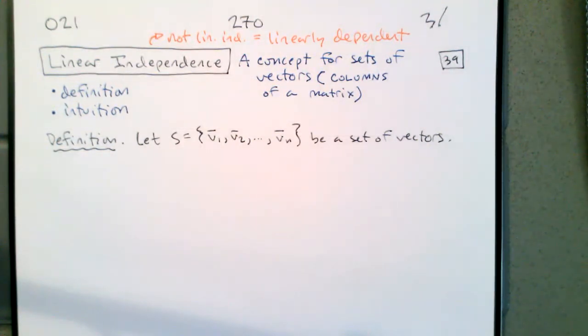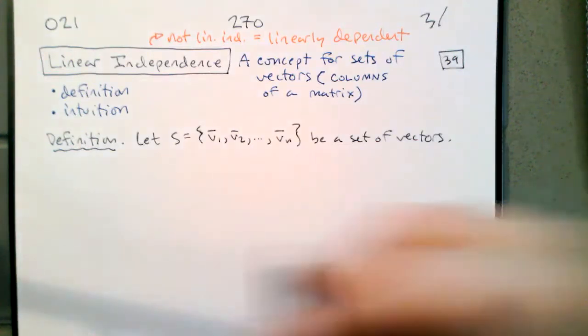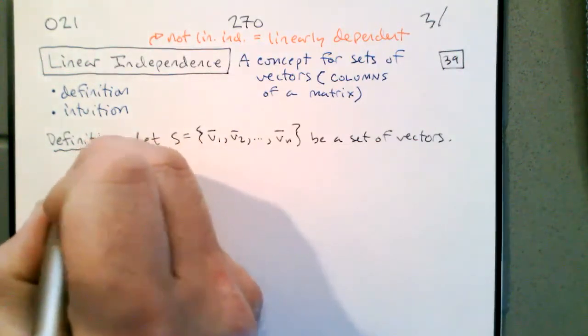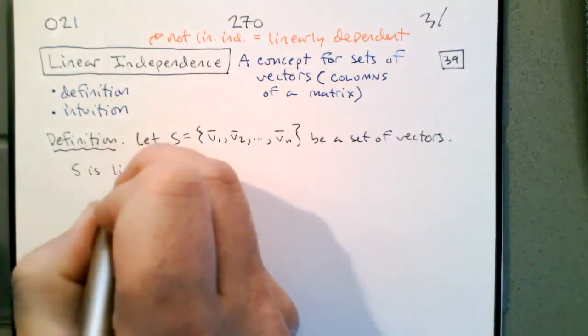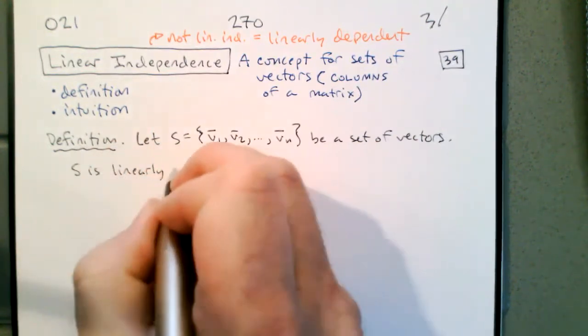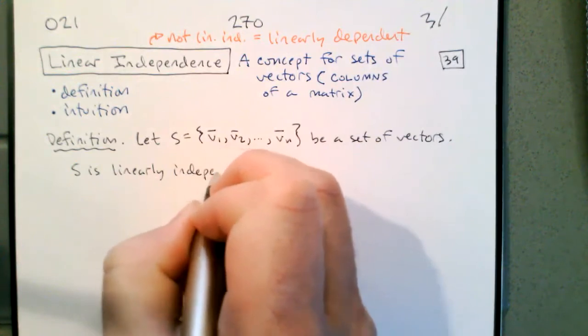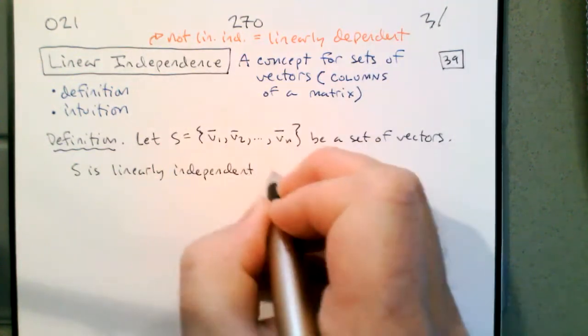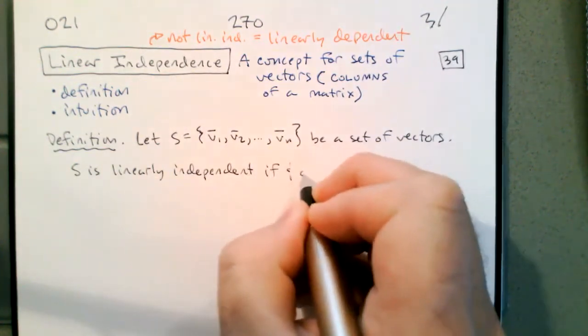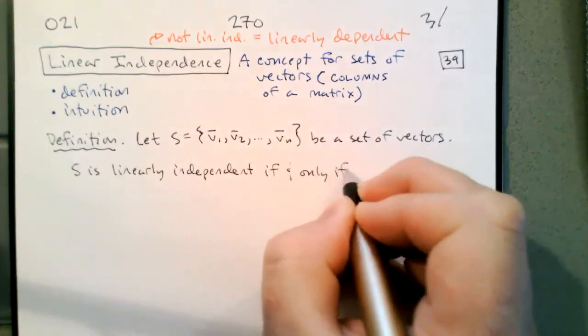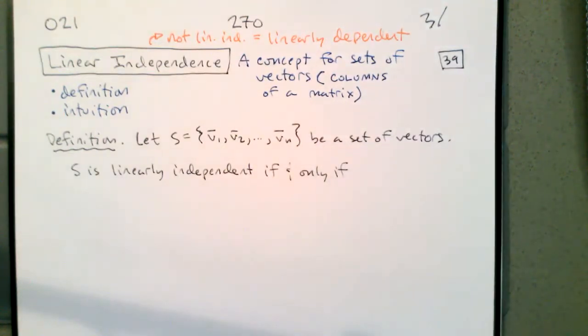We would say the set S is linearly independent if and only if. That's how you know you're in a math definition, because of the if and only if.